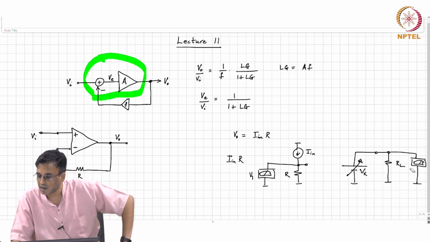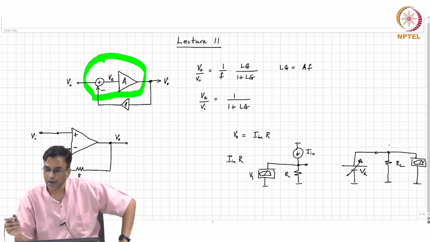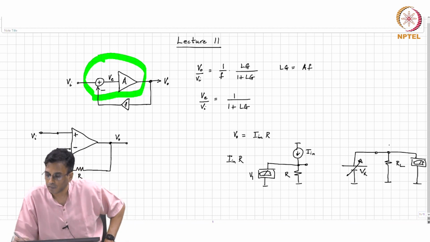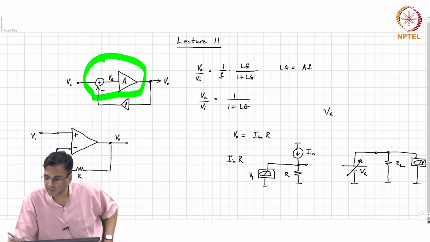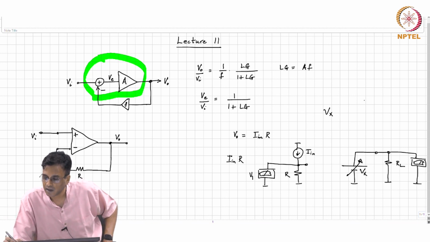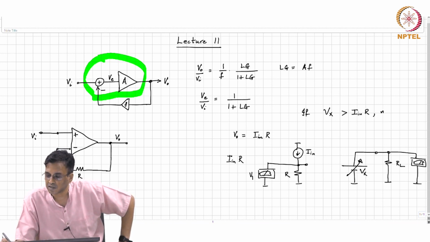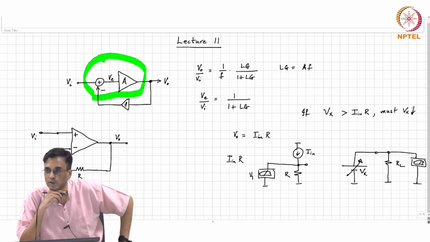Okay, so basically you measure, you compare Vx with V1, which is I in times R. If Vx is greater than I in R, it basically means that you must reduce Vx.